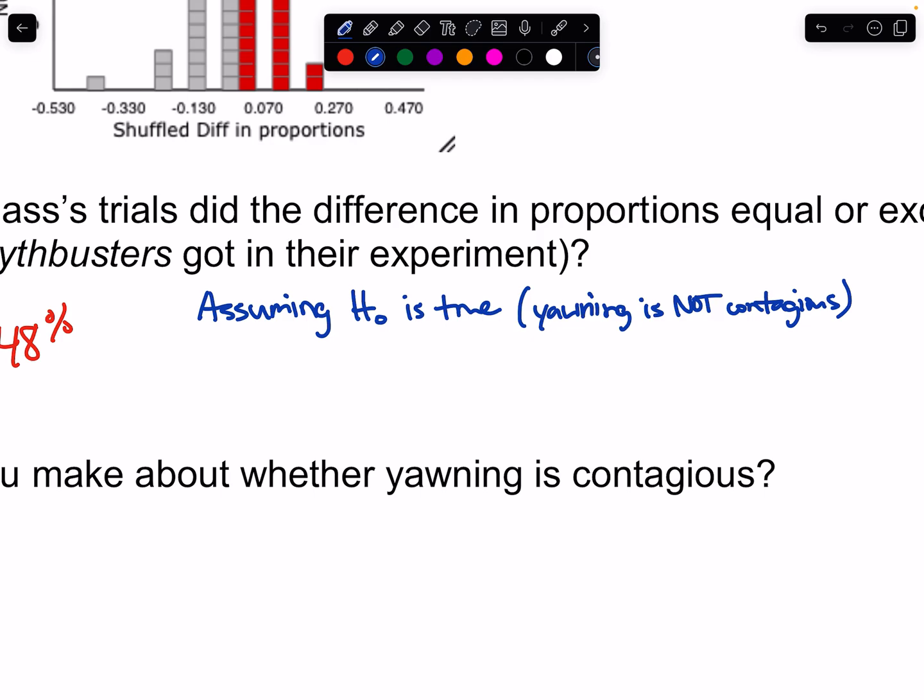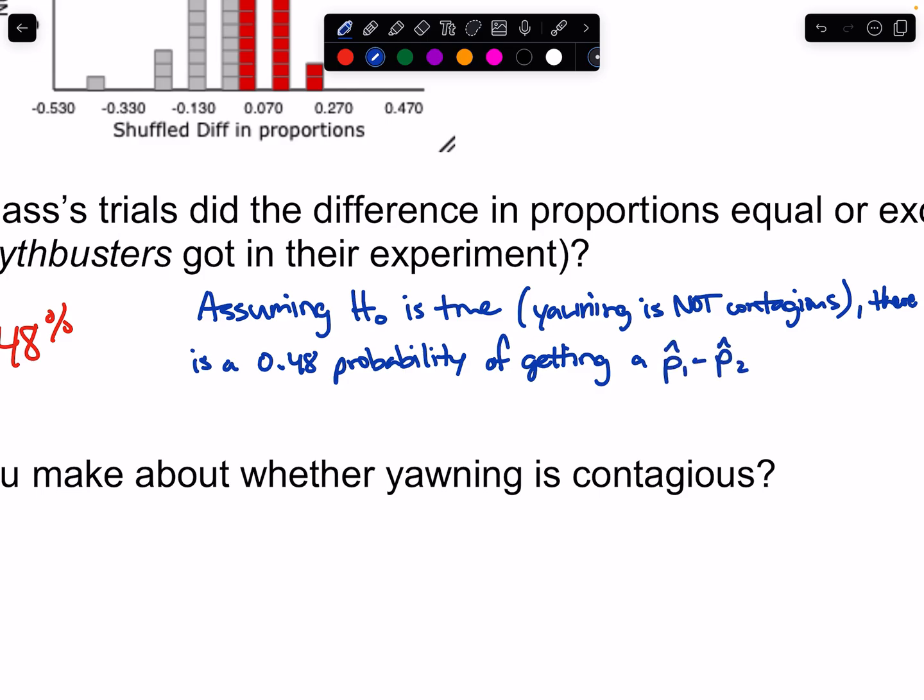So if we assume that is true, there is a 0.48 probability, or you can say 48% chance, of getting a p hat 1 minus p hat 2 of 0.04 or greater purely by chance.